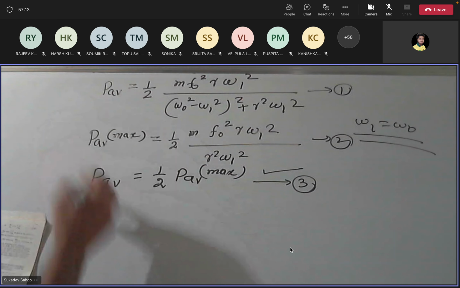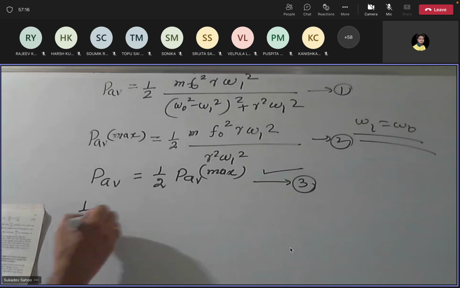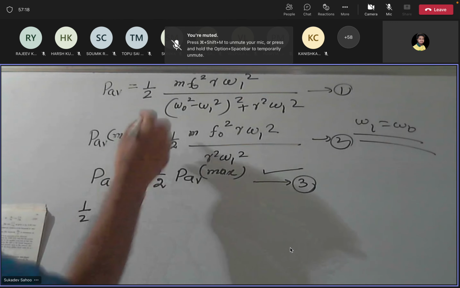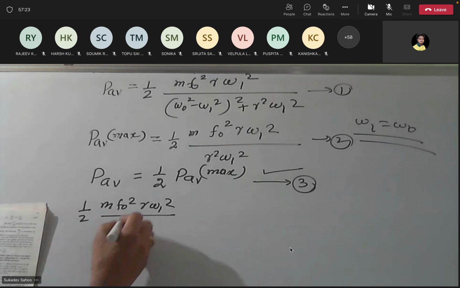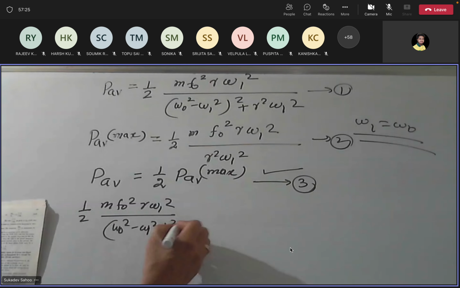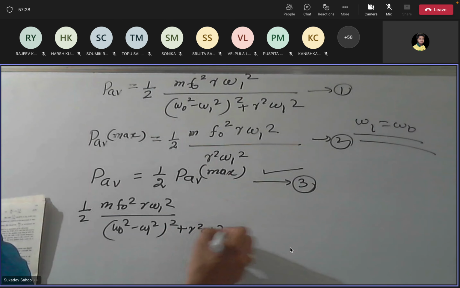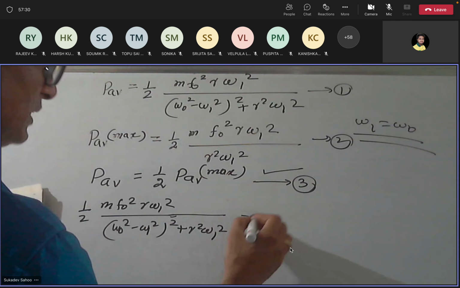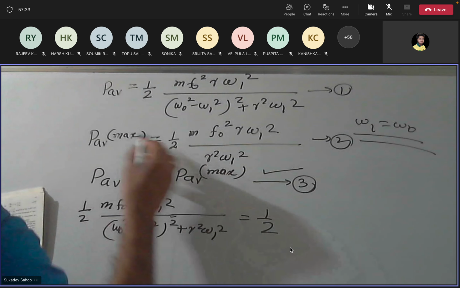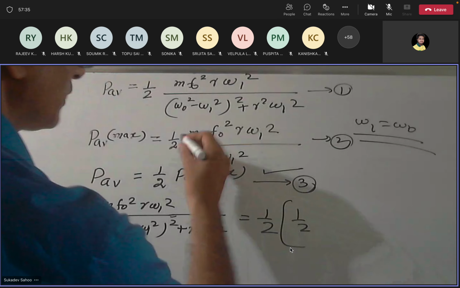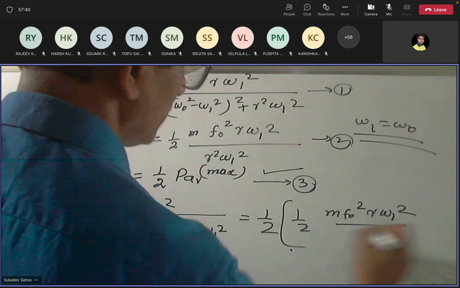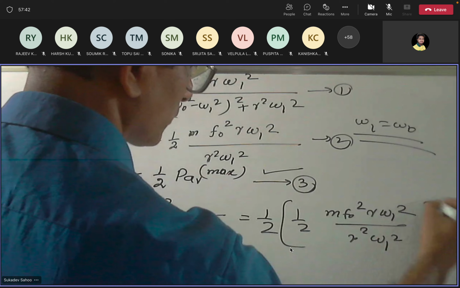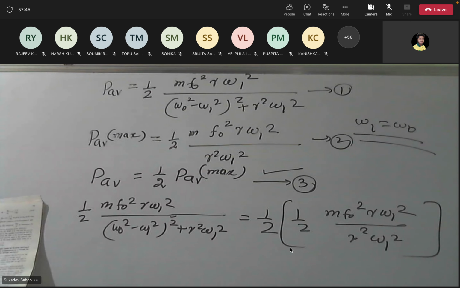You can write the value here: half m F0 square gamma omega 1 square divided by omega 0 square minus omega 1 square, whole square, plus gamma square omega 1 square, equals half of P average maximum, half of m F0 square gamma omega 1 square divided by gamma square omega 1 square. Everybody clear?